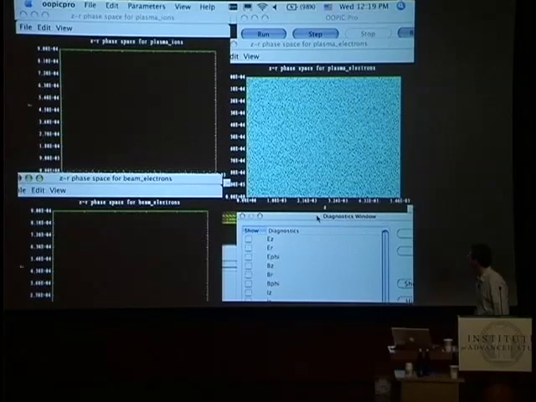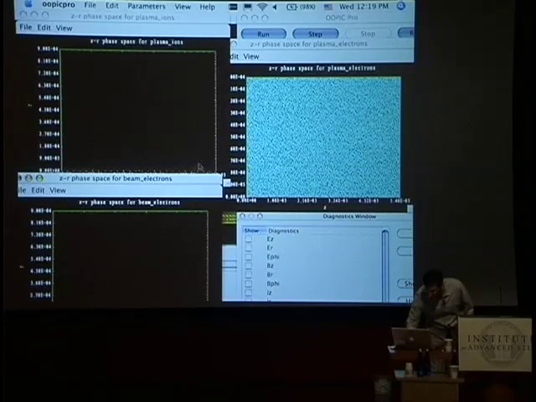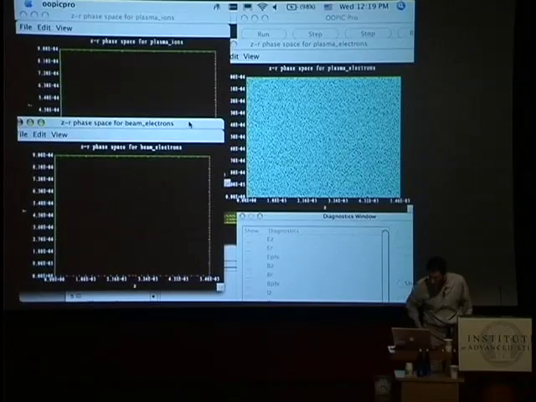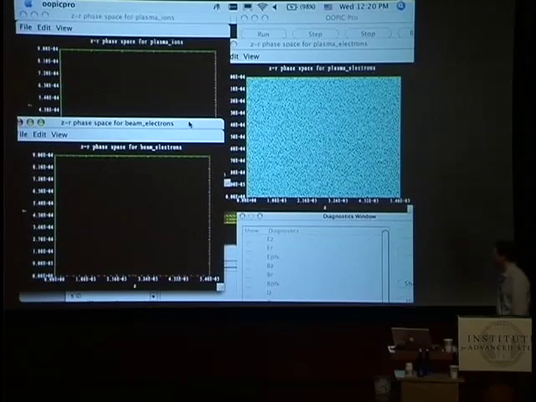Okay, so what this is going to be is an example of a beam plasma interaction. So you have over here electrons in the background plasma into which there's going to be a flying electron beam. The electron beam will start from this boundary here.